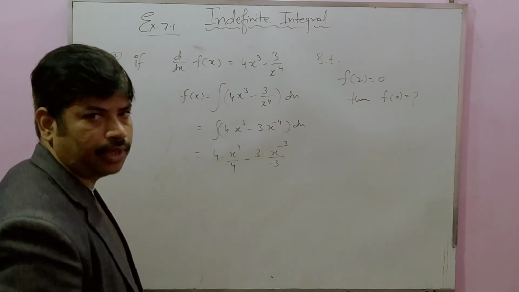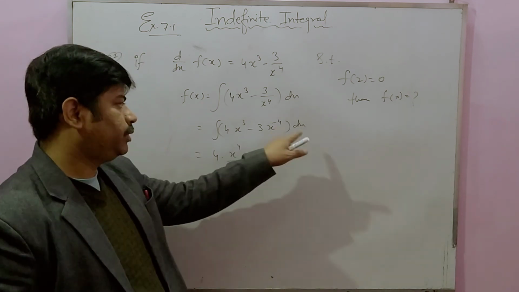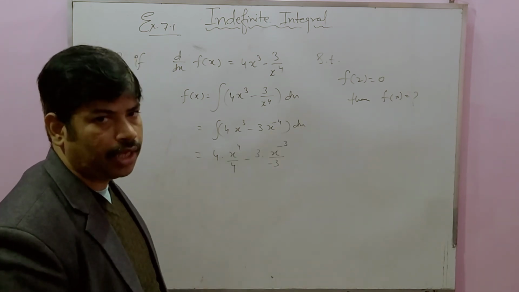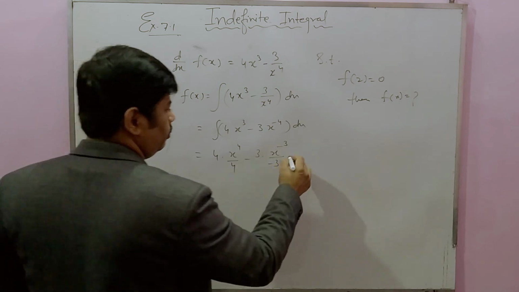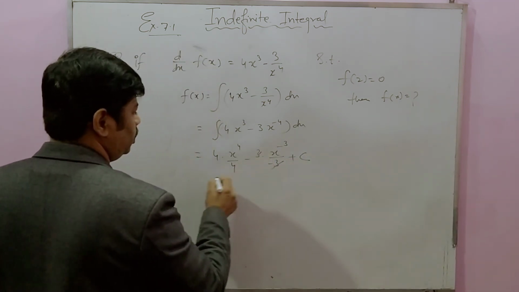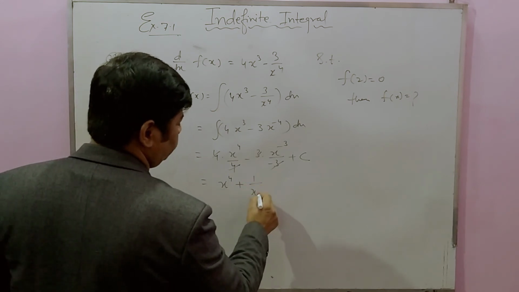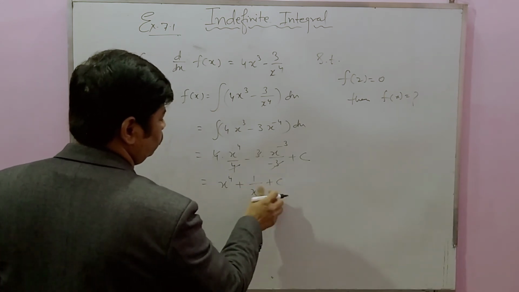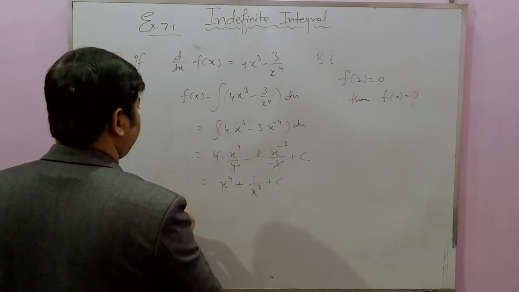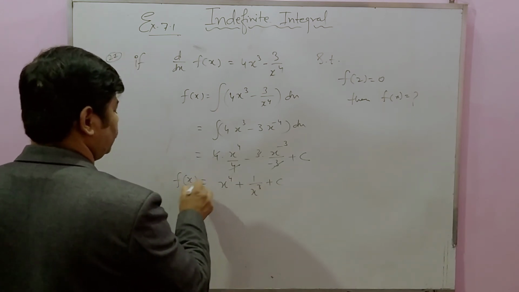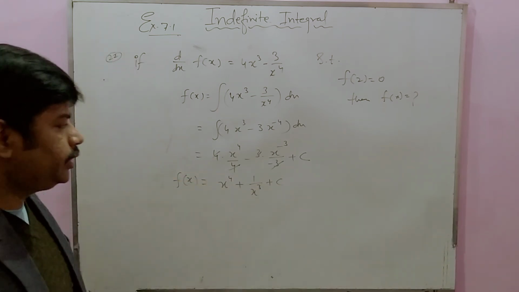Why? Because x to the power n plus 1 upon n plus 1, so minus 4 plus 1 is minus 3. The 3s cancel, and the 4s cancel. So f of x is x to the power 4 plus 1 upon x cube, plus c. Okay, f of x we got it.